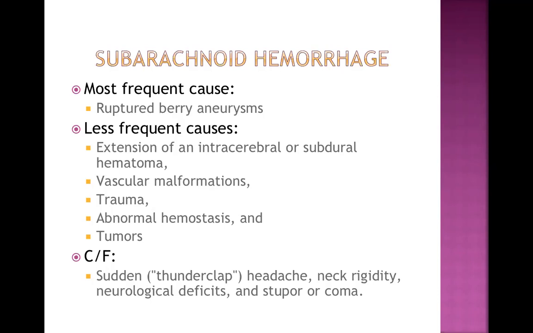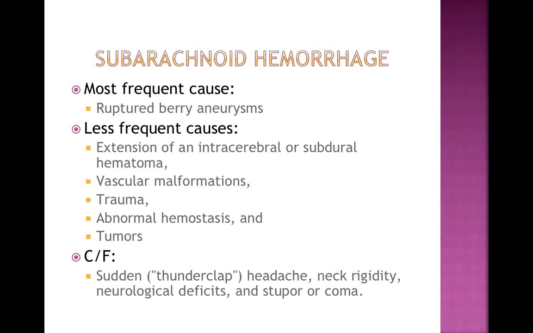Subarachnoid hemorrhage has very typical clinical features. The patient complains of a sudden headache, which is the most severe one. This headache we label as thunderclap or thunderbolt headache. Along with that, the patient also has neck rigidity, or stiffness of the neck.